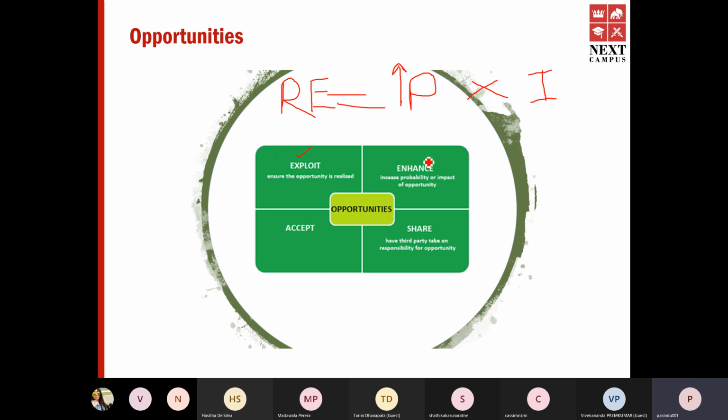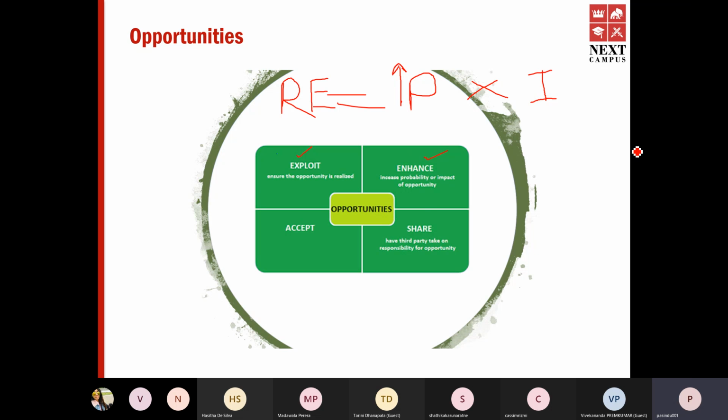Second response strategy is to enhance. Increase the probability or impact of the opportunity. So enhance generally focuses more on the impact. If the risk materializes, how you can get the maximum out of it. Now, I'll give you a classic example, right? Generally, with regard to the budget of the country, like in Sri Lanka, when the budget is presented, people get to hear certain things.